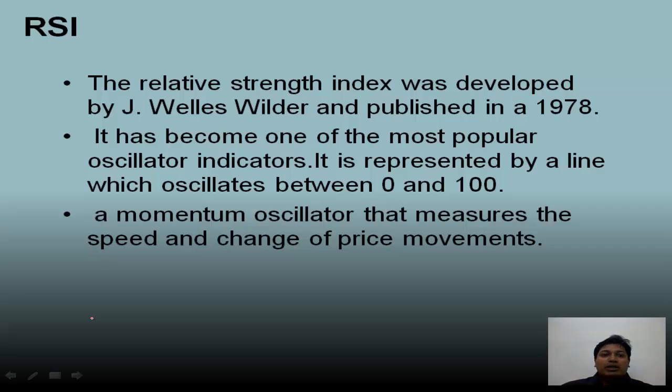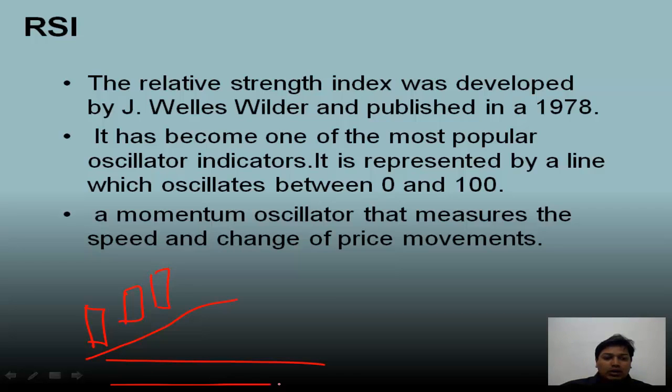Now the reason it is called an oscillator indicator is because there are two different types of indicators. For example, if these are candlesticks, you could plot an indicator on the price chart, such as a moving average, or you could have an indicator which runs below the price chart, and these are called oscillators.